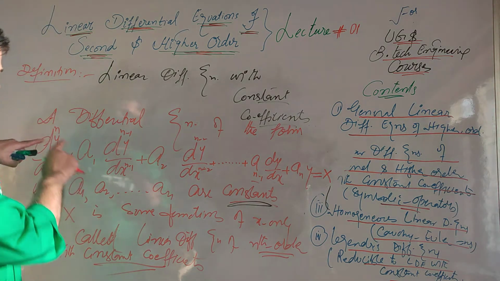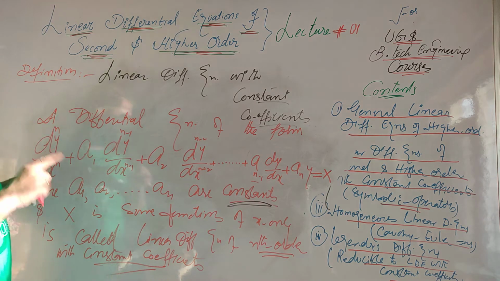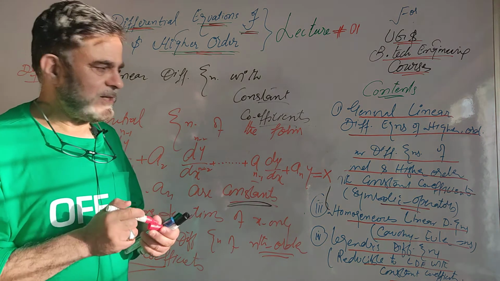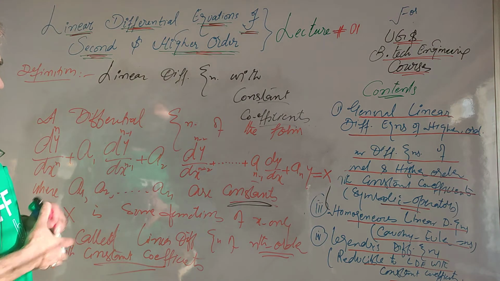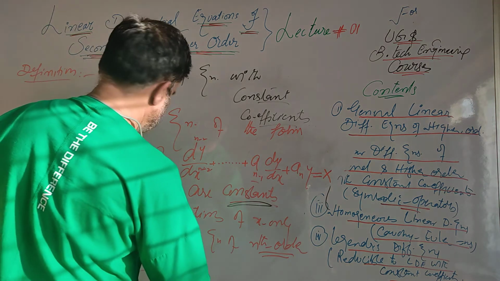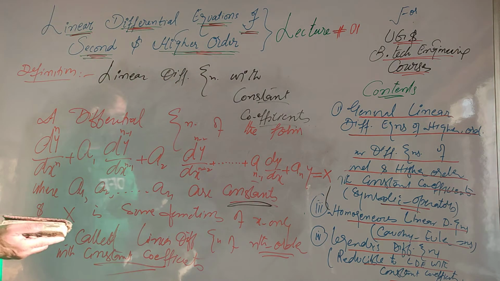Now if you replace this n by 2, this will be the linear differential equation of second order with constant coefficients. This is the definition. When the coefficients here are constant, it becomes the linear differential equation with constant coefficients.